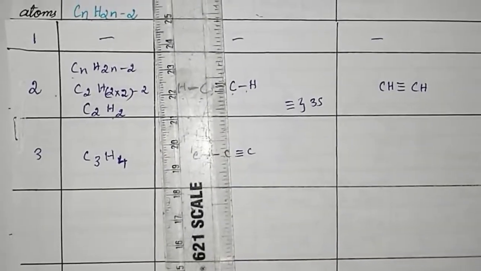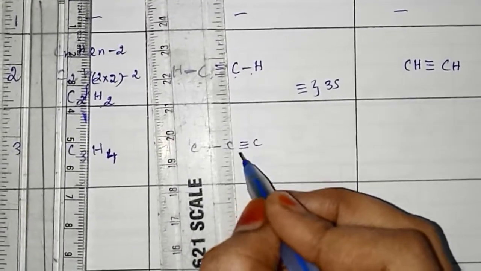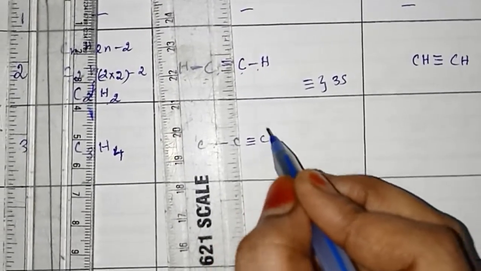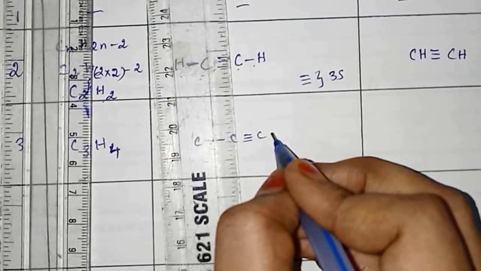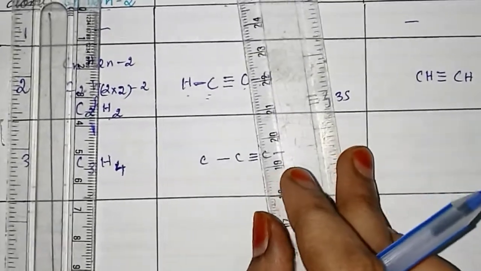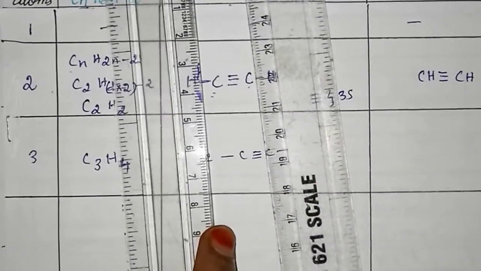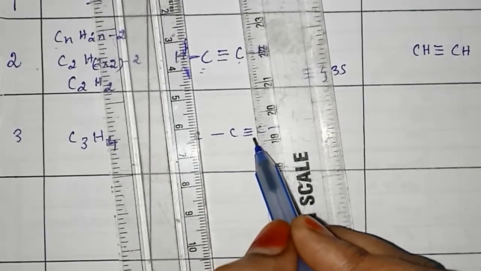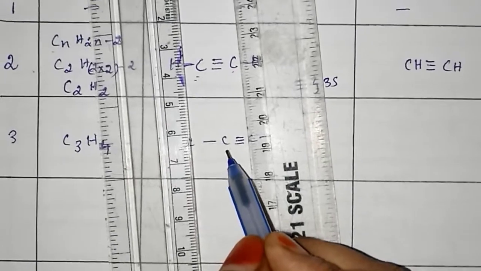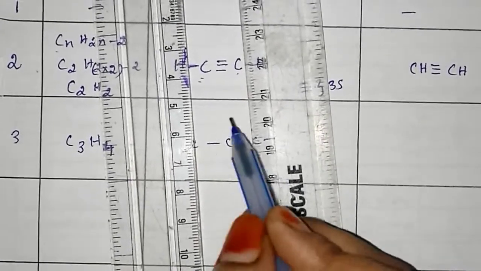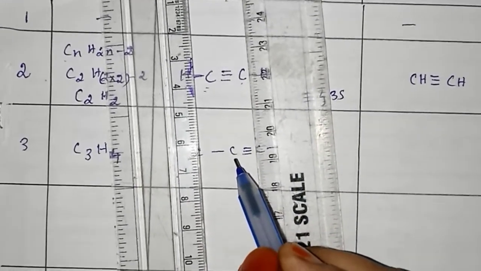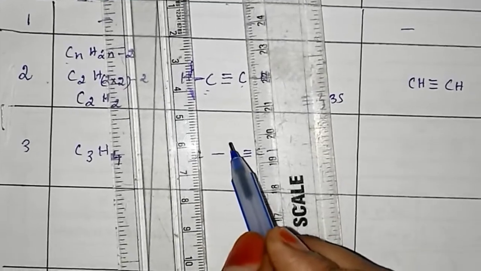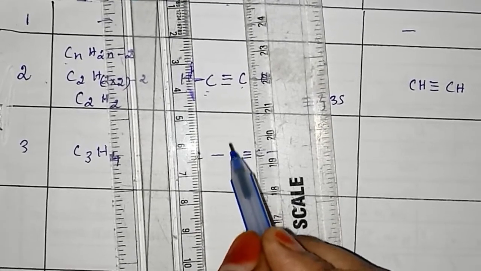In that framework, the first carbon contains 3 bonds. This carbon is surrounded by 3 bonds. For satisfying tetravalency, it needs one more bond. And the center carbon, how many bonds is it surrounded by? Already 1, 2, 3 plus 1. So for the center atom, the tetravalency is satisfied, so we need not make any bond.